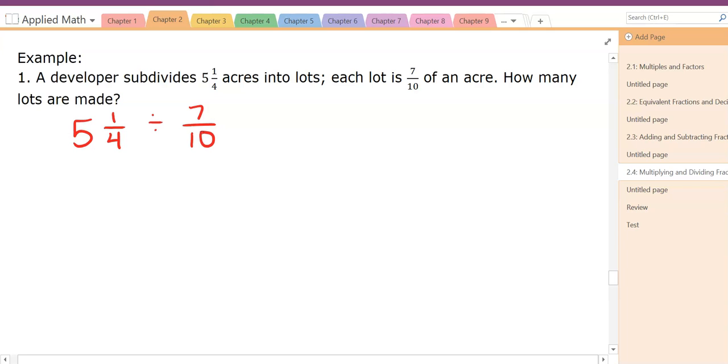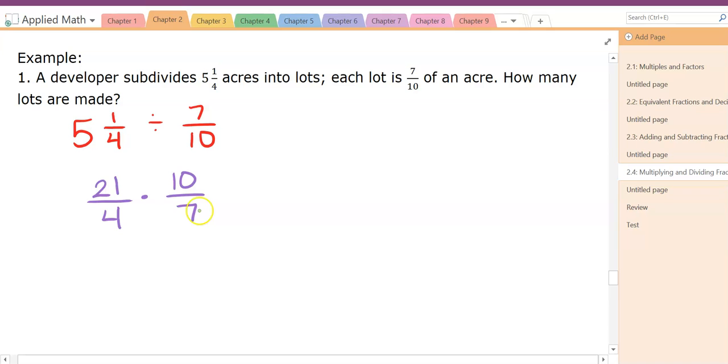Now we solve it the same way we've been doing the other ones. So how would you guys change 5 1/4 so it's improper? Good, 21/4. 5 times 4 is 20, plus 1 would be 21/4. Reciprocal of 7/10 would be 10/7. Can we reduce anything?